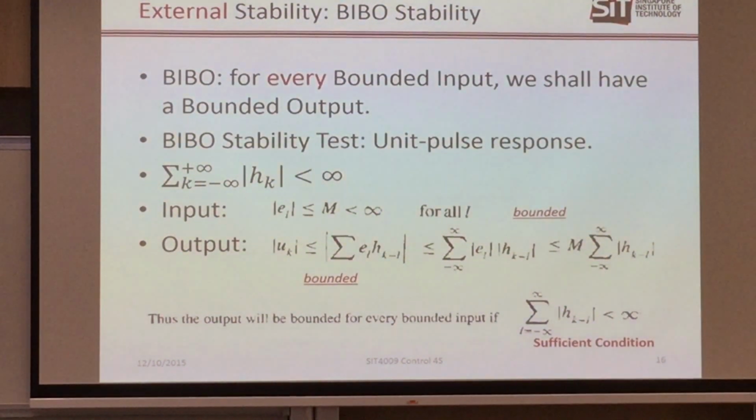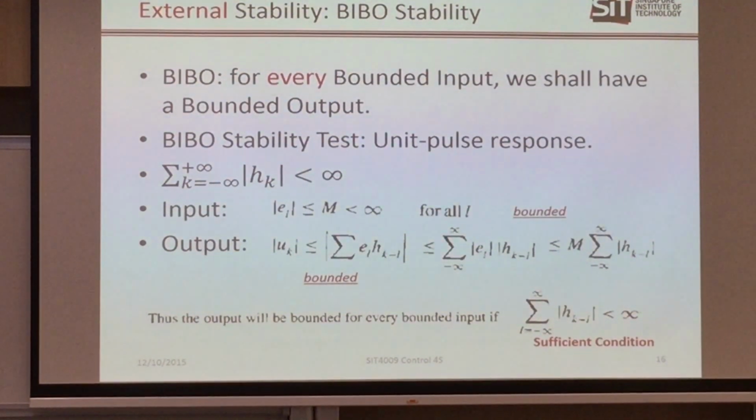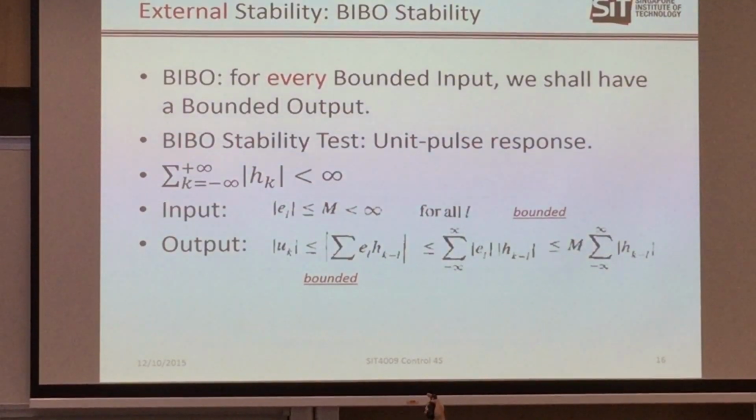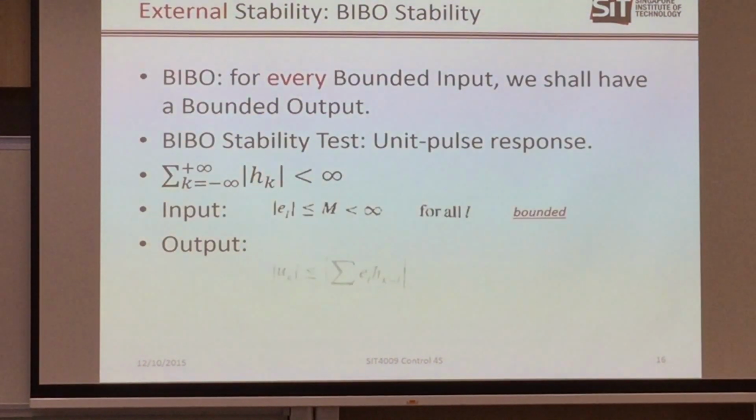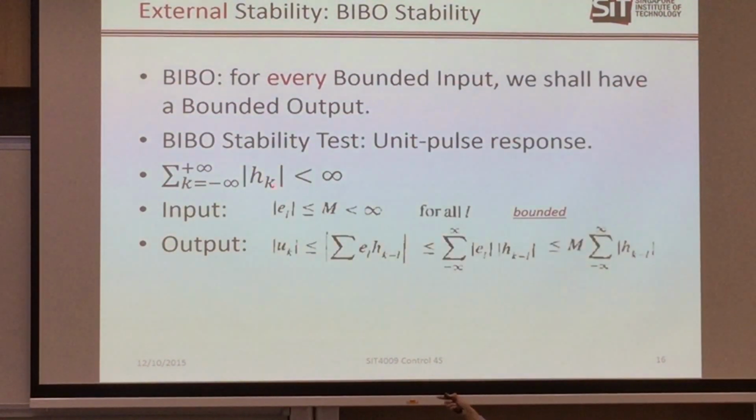The BIBO stability is not your signal stability. It's not talking about whether, when you apply an input, your system gives you a finite value. It's a summation of all the outputs. It's not only one, not the final one.